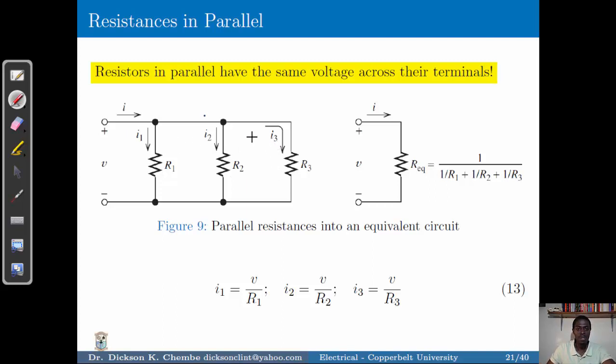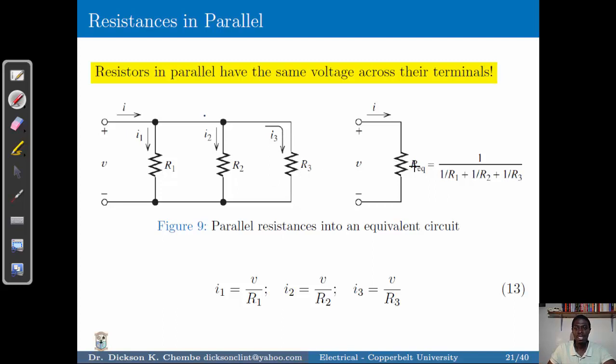What is the same is that resistances in parallel share the same voltage, which is the statement I've put up here. So you have the same voltage being shared by the resistances, but the current splits. You have the total current coming into the circuit, and then current 1 through resistor 1, current 2 through resistor 2, and current 3 through resistor 3.